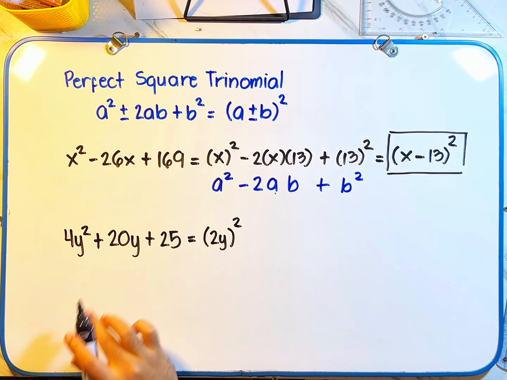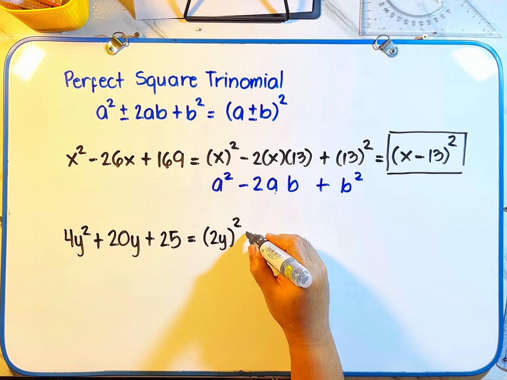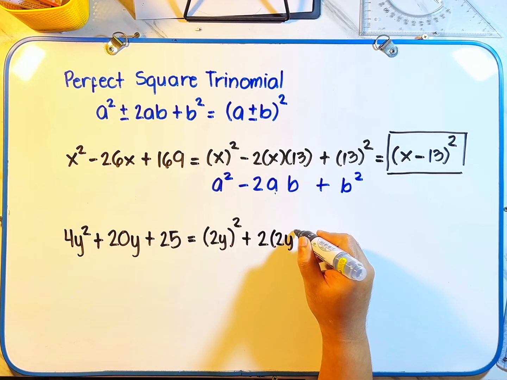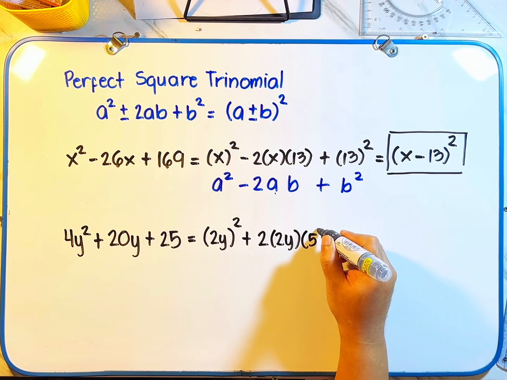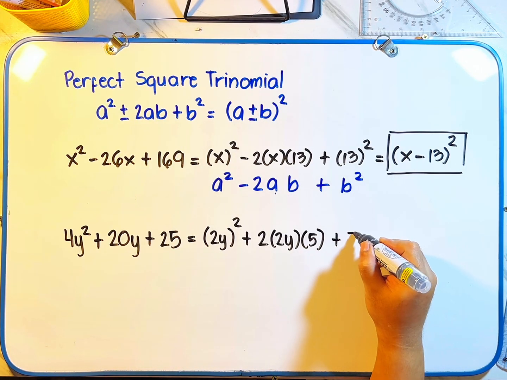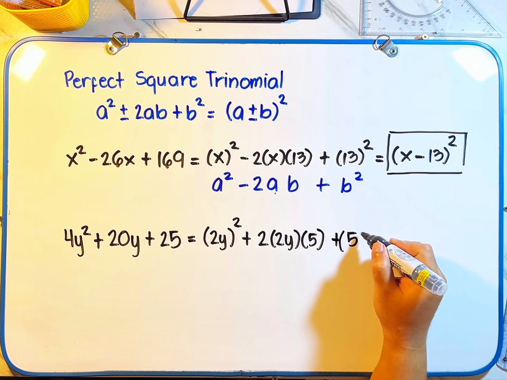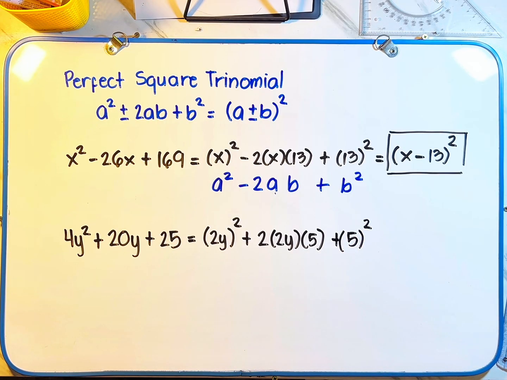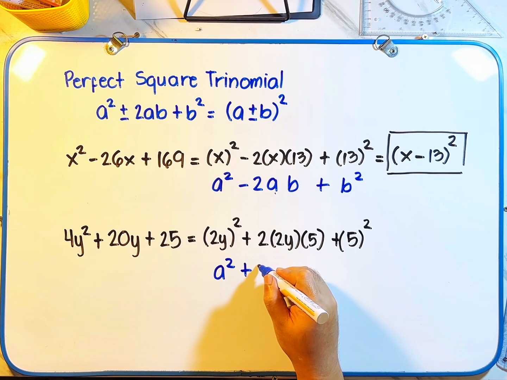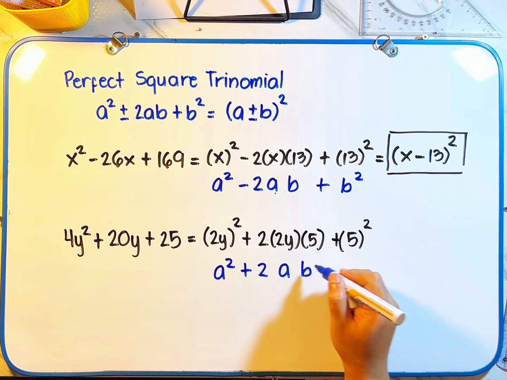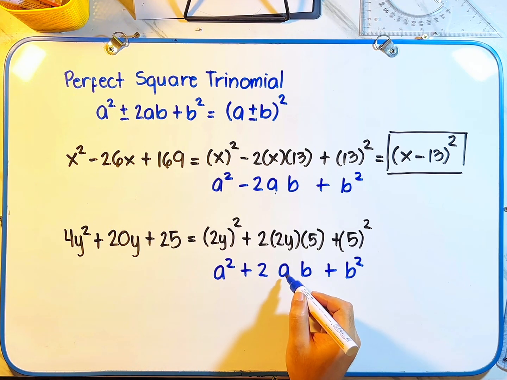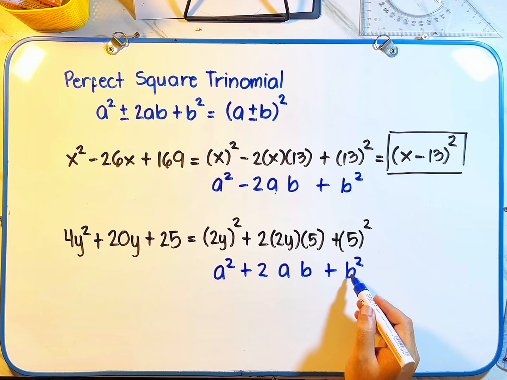And then positive 20y can be expressed as 2 times 2y times 5, while 25 is 5 squared. Okay? So this is in the form of a squared plus 2ab plus b squared. a is 2y, while b is 5.